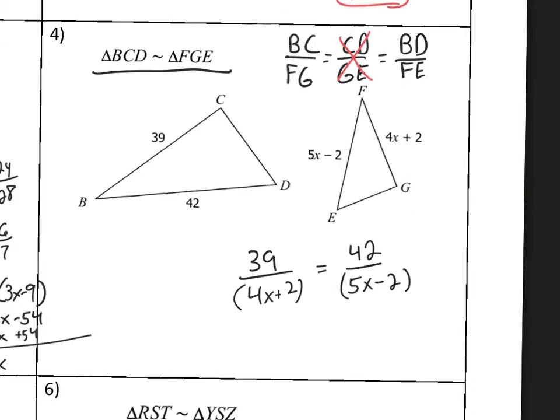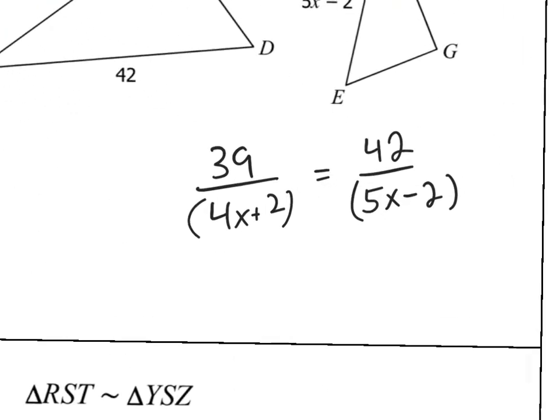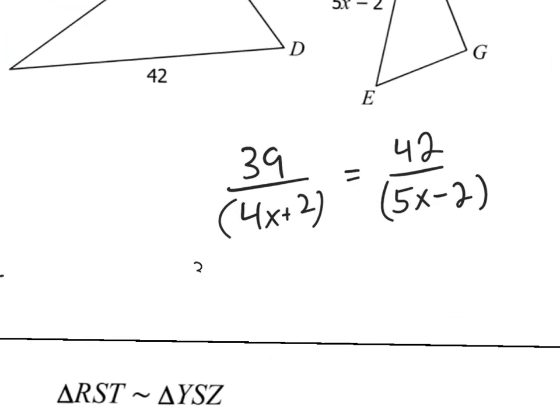All right, these are going to be some large numbers for our cross product. 39 times 5x minus 2 equals 42 times 4x plus 2.